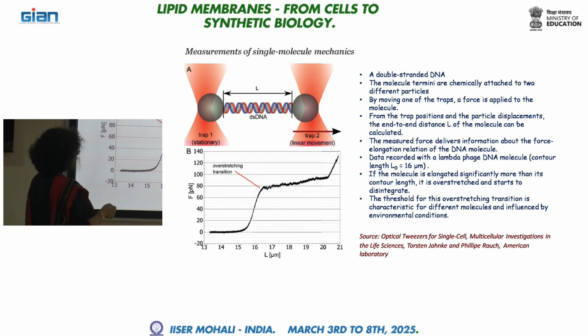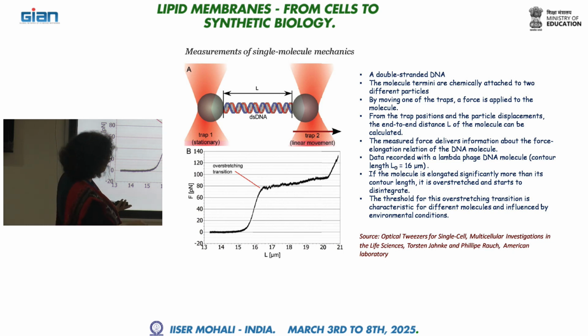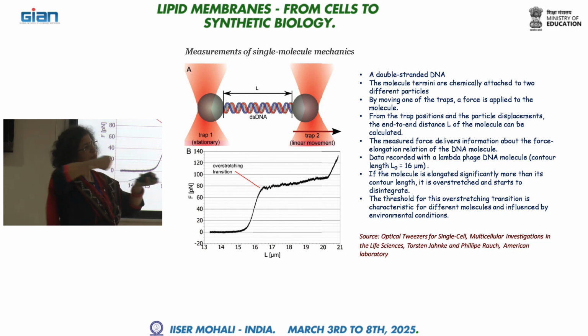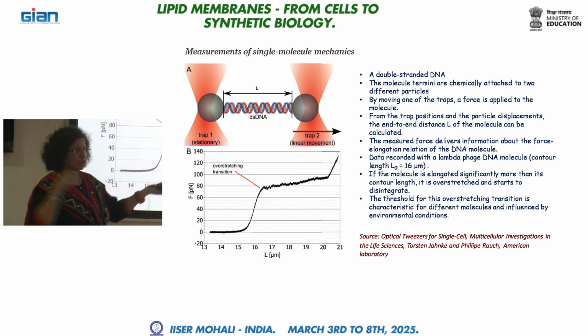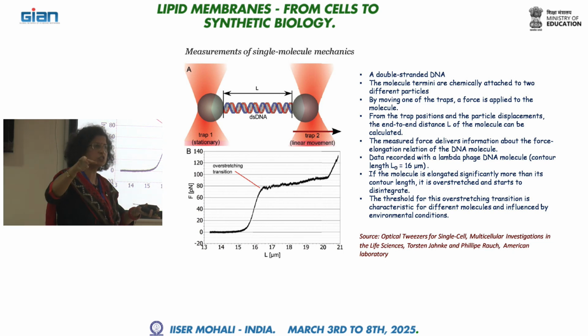Now this overstretching transition, what does it mean? So each of this particular DNA, I believe it has been taken from a phage which attacks the E. coli bacteria, and this has a contour length of about 16 micrometers. So contour length, I guess, is the maximum length to which a DNA molecule can extend. If you add up the lengths of the individual components, that would be basically the contour length.